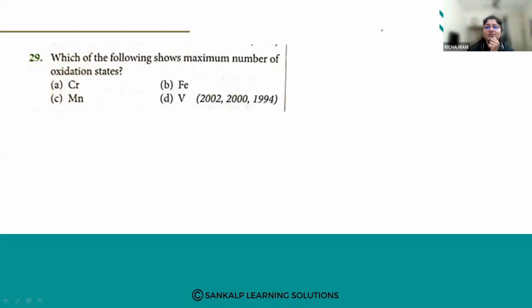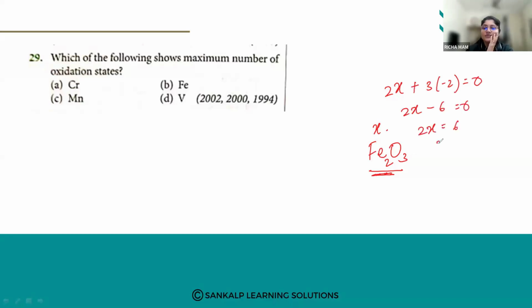If I take iron oxide, Fe2O3, find out the oxidation state of iron. So 2x plus 3 into minus 2 equals 0. So 2x minus 6 equals 0, so x is 3. So the maximum oxidation state shown by iron is plus 3.